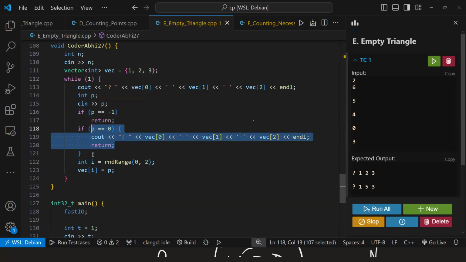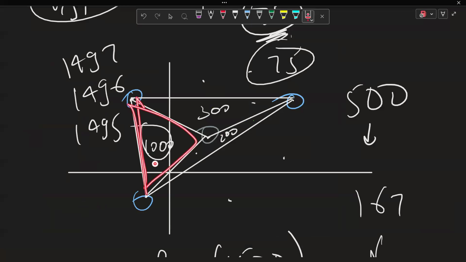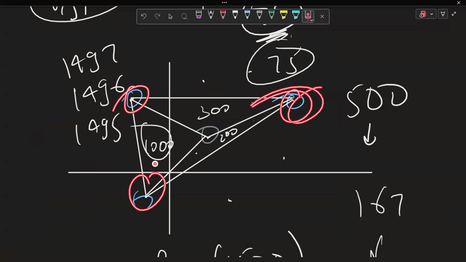Otherwise, whatever I got as my P, I'll select any one random number from 0 to 2. Initially I had these 3 points, and I'll replace one point by this point.